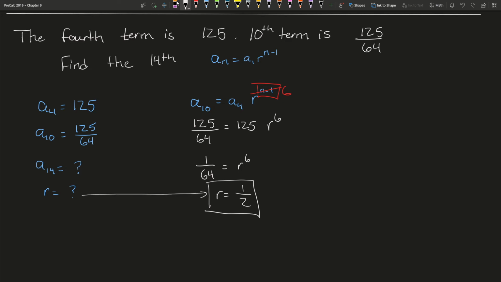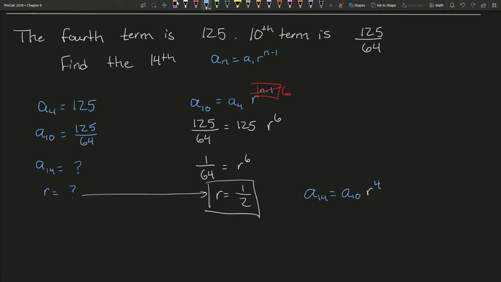And now we're just left with one unknown, and that's A14, which we can write the same equation again. Okay, so A14 will equal, and we can start at A10, times our common ratio. And this time, our power will be to the 4th, because we had to multiply our common ratio 4 times more in order to get from 10 to 14.